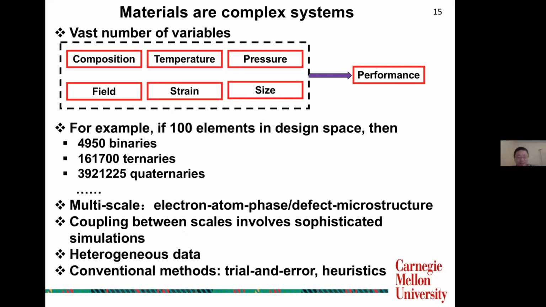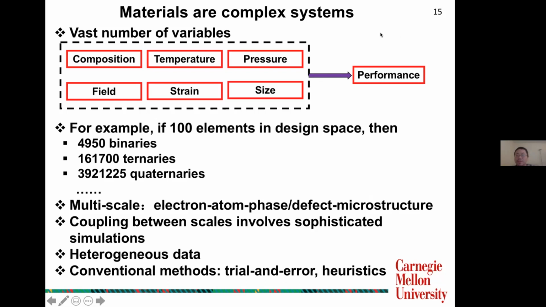This is a kind of simulation. Also, because of this multi-scale feature, you have heterogeneous data, because in each scale you will have different types of data, in different levels. So this is very heterogeneous.